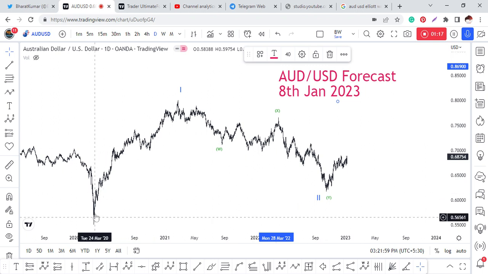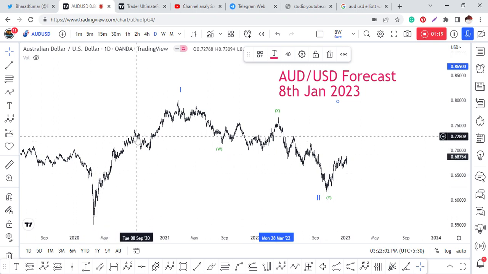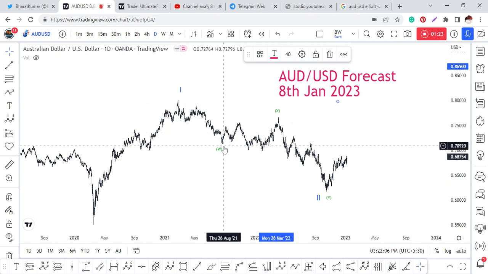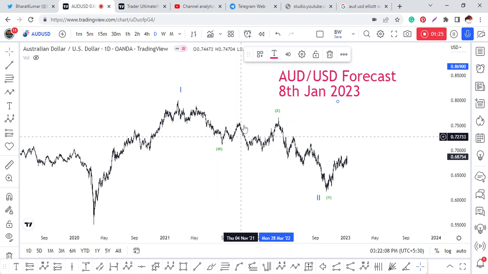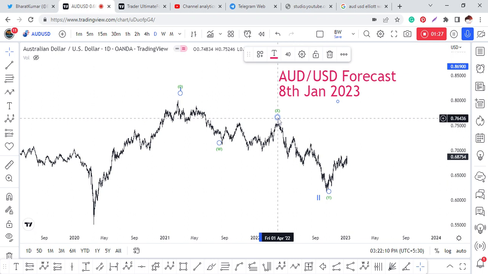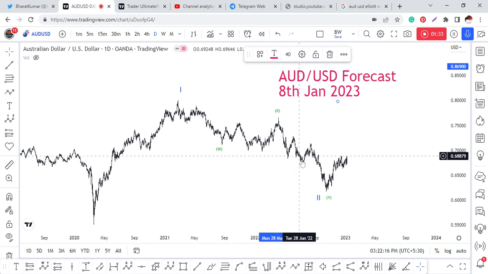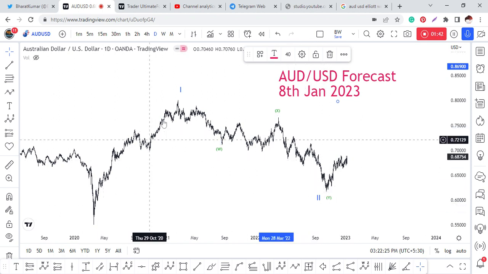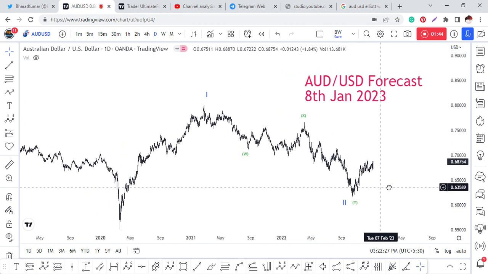Five waves: you can see wave one, two, three, four, five, and A, B, C called W. Then the complex X, which is a zigzag, and then Y, with A, B and one, two, three, four, five. So here one complete cycle has been completed.